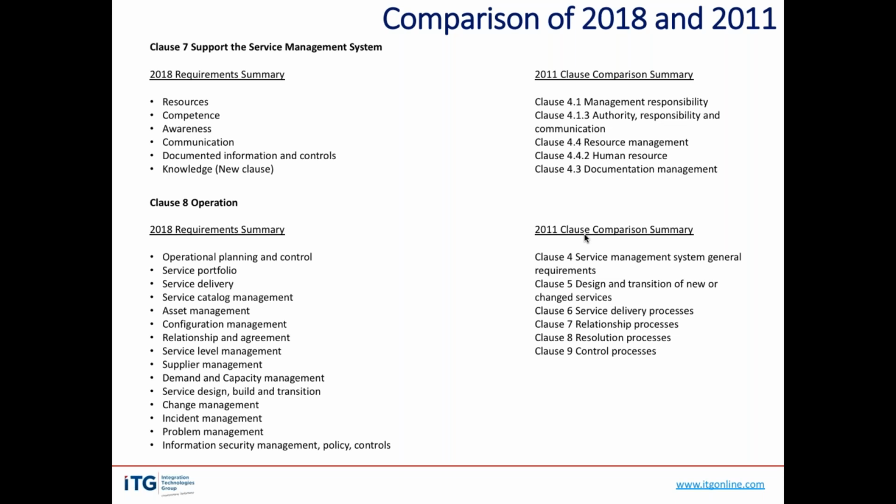Okay, so the development and establishment of the service delivery approach in your catalog and the asset management, configuration management are found throughout. Design and transition and the requirements there are in clause 5 in the old standard, and the resolution and release practices are in clause 8 and all that.